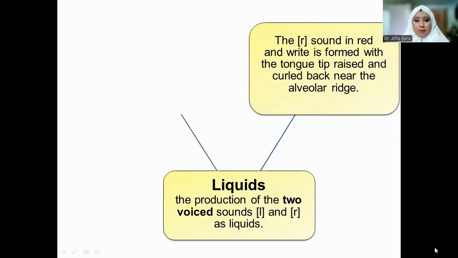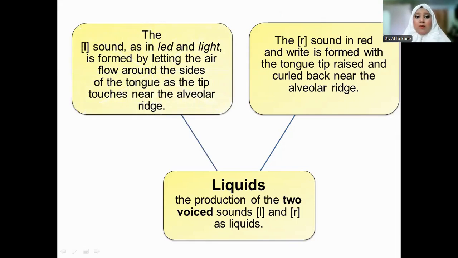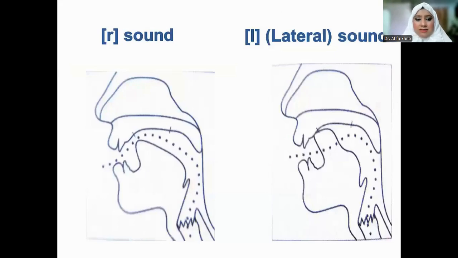Now the same happens with the sound la. The la sound, as in lead and light, is formed by letting the air flow around the sides of the tongue as the tip touches near the alveolar ridge. Now you see this diagram.